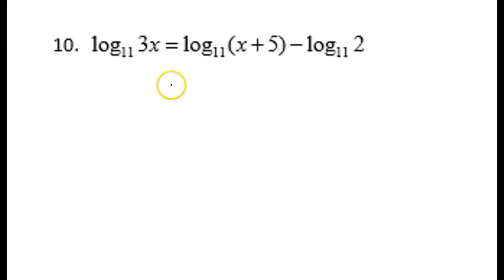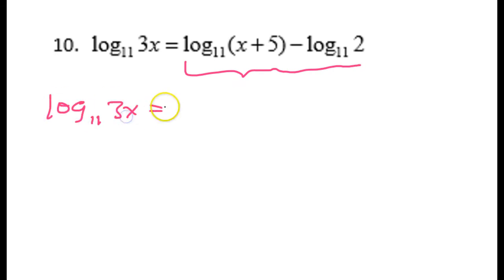Again, on number 10, we need to condense the right-hand side before we proceed. When you have the difference of two logs, you can condense using the quotient rule, which says that you'll make a fraction out of it.